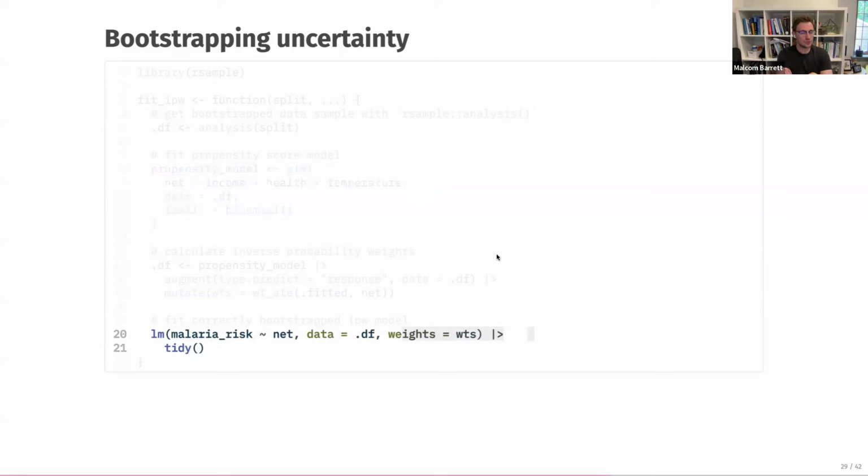Technically, the result that you get is different statistically, because the result from IPW is the marginal association between the two. Whereas if you just put the variables into the LM formula, what you get is a conditional relationship: net conditional on income, health, and temperature. An interesting thing about IPW is that when we fit this, what we get is the marginal relationship.